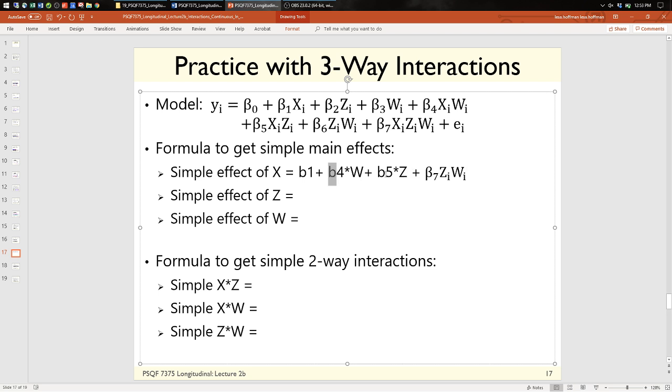You can see why, because that's the only point at which all of these terms drop out and you're left with just beta 1. But you can figure out what the effect of x could be for any other value besides 0 using this equation. And this is the basis for writing estimate statements.